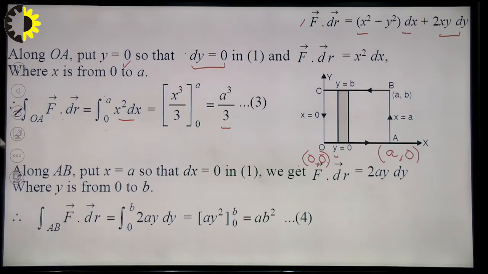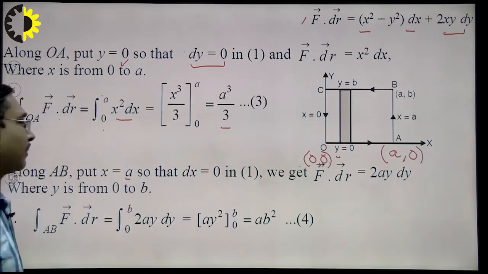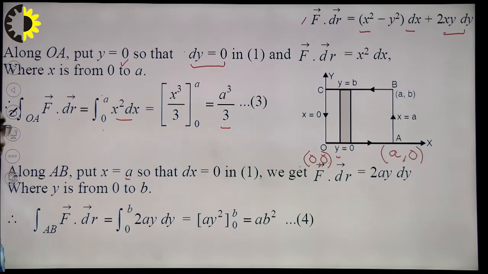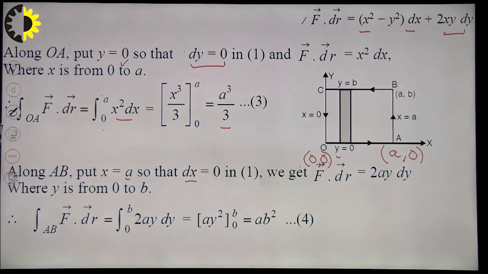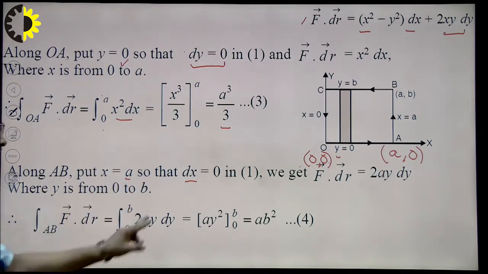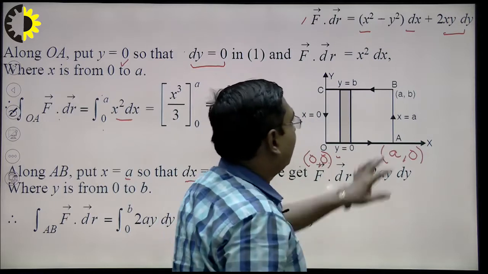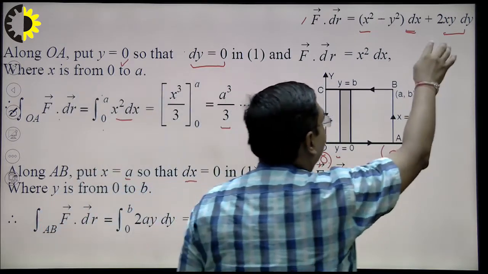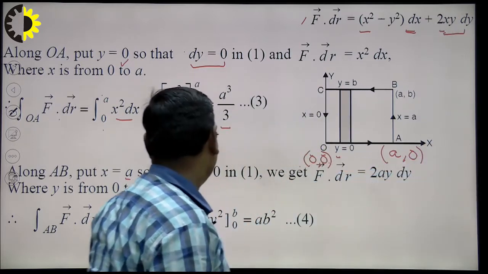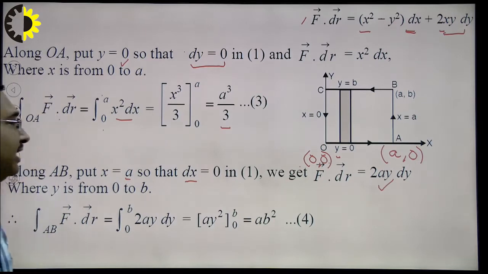Now, along AB, x equals a, because the equation of AB is x equal to a. It gives dx equal to 0. Putting x equal to a and dx equal to 0 in this expression, this term will disappear because it will be 0. Substituting x equal to a, I obtain f dot dr as 2ay dy.